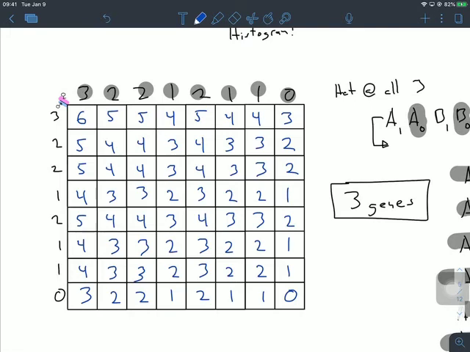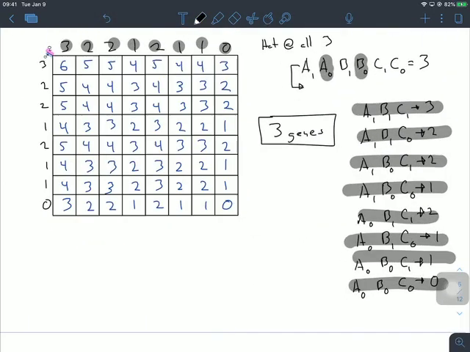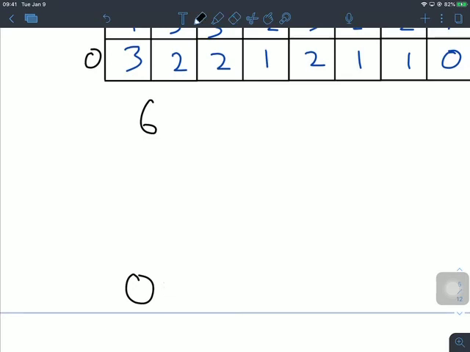64 possibilities, right? 8 by 8. Let's count them up now. We go from a range of 6 to 0. I'm going to zoom in here so that way I can write more accurately. 1, 2, 3, 4, 5, and 6.